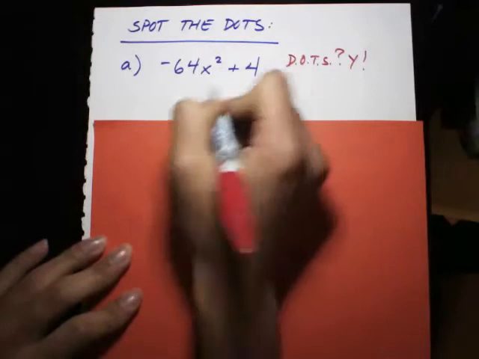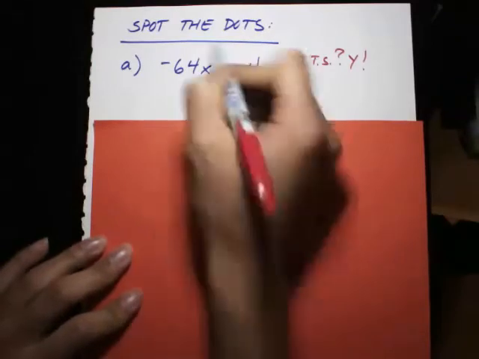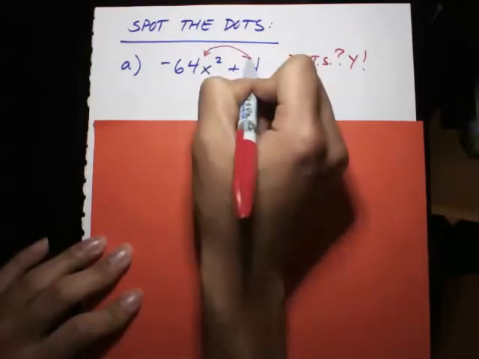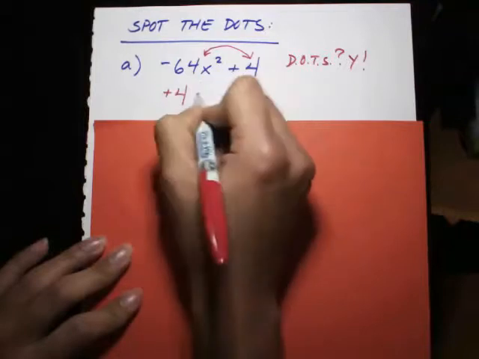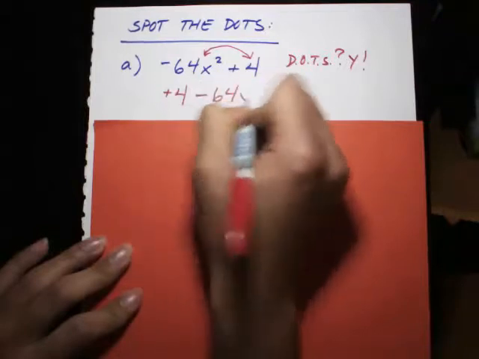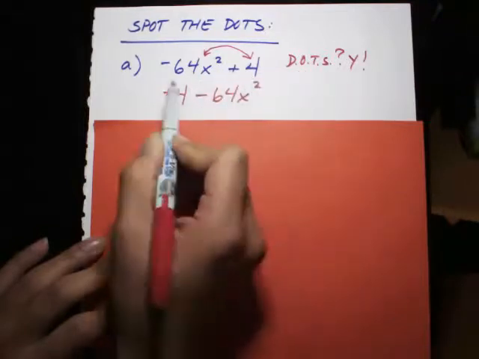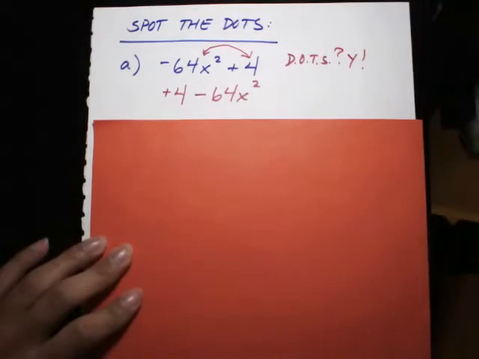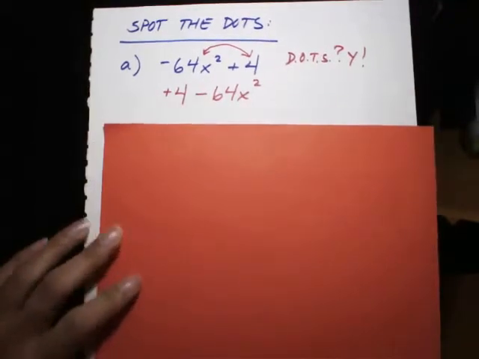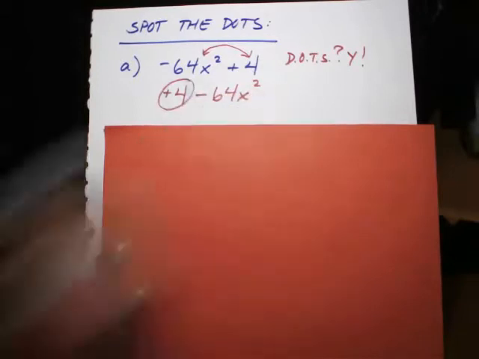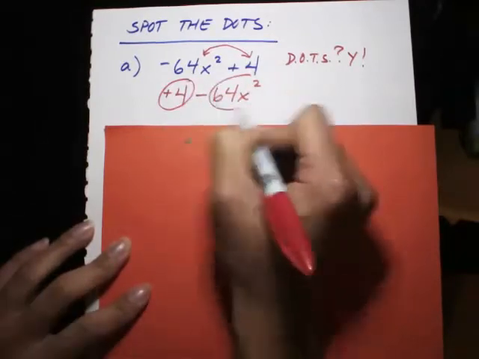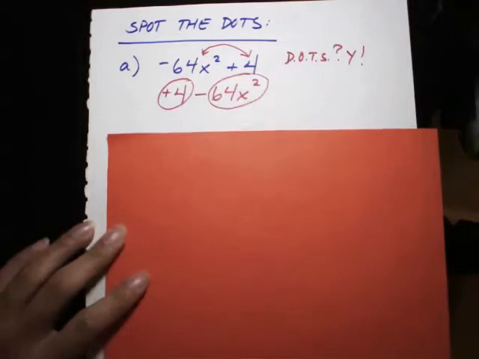It may not look like it at first glance, but we can use the commutative property here to change the order of the terms. I'm going to put the positive 4 first, and then move the negative 64x squared last. What you see here is that it is a difference, and positive 4 is a perfect square. 64x squared is a perfect square.